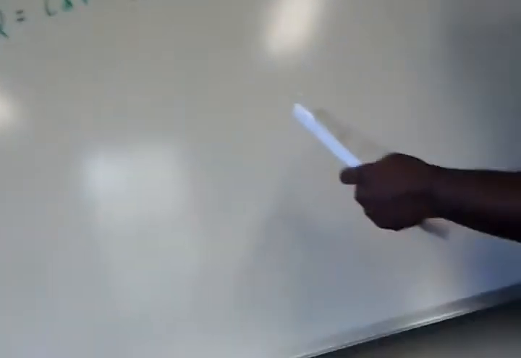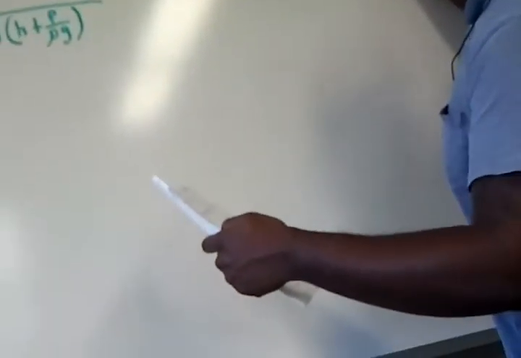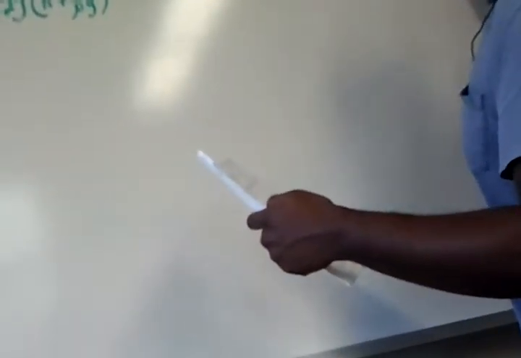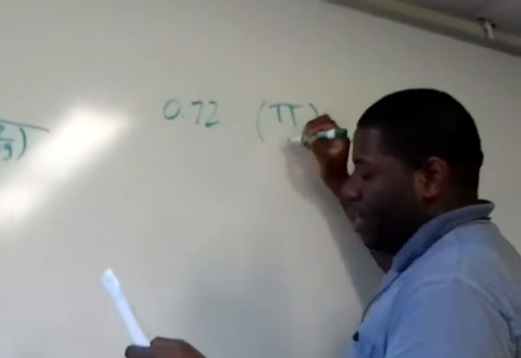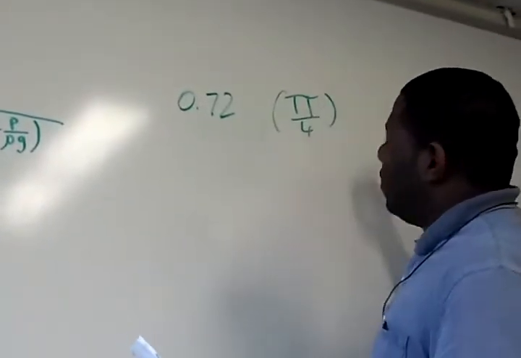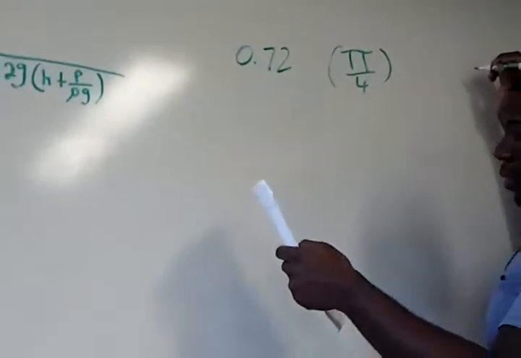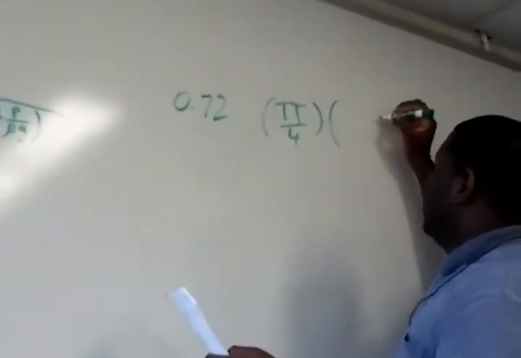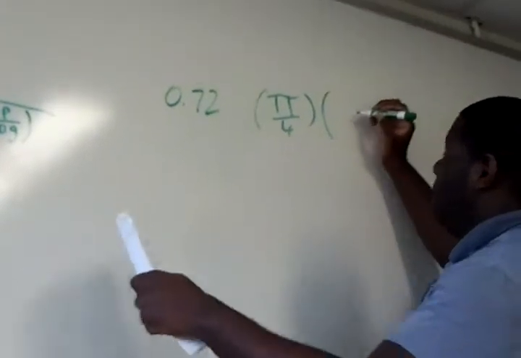First, let's solve for the area of the jet. To do that, I'm going to take the area of the jet, pi r squared, and say that the jet is 1 centimeter.